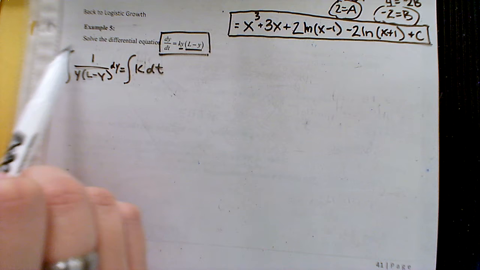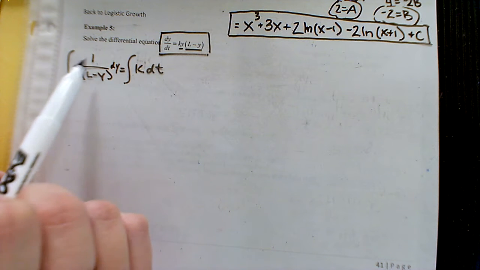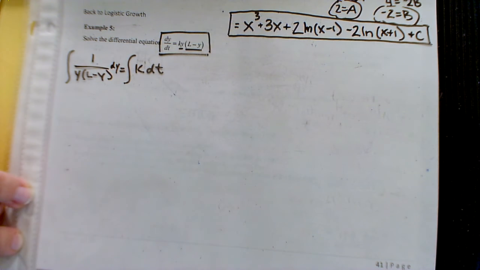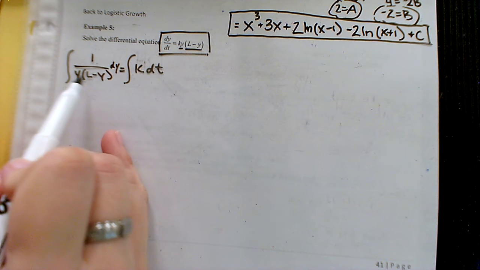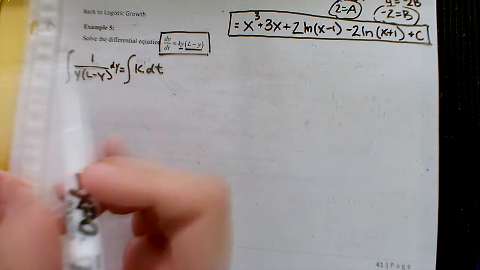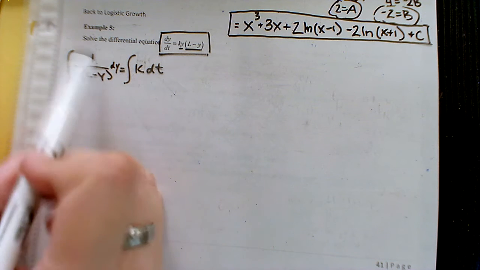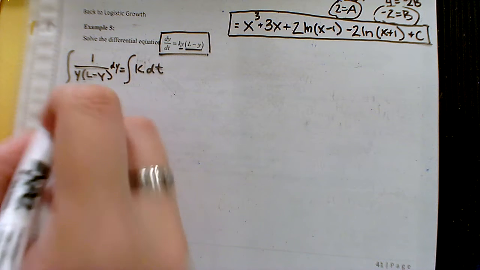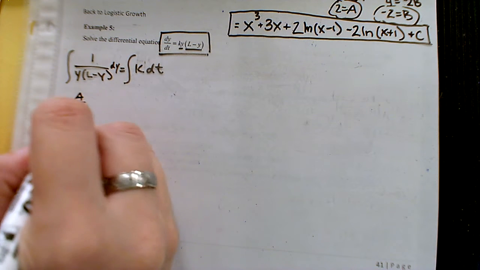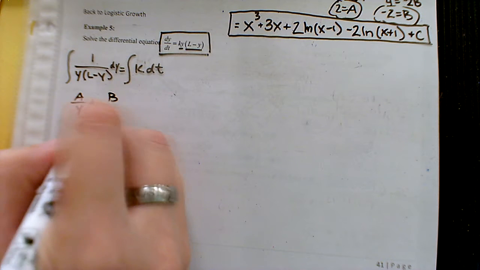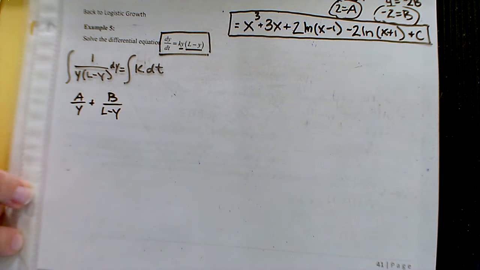Okay, so notice how on the left-hand side, we kind of have a fraction, so maybe partial fractions is a technique we can use, and it's already factored for us. You see those two different factors? We have the y and the L minus y. So we could probably try to do partial fractions for this one. We're going to have A over y plus B over L minus y.